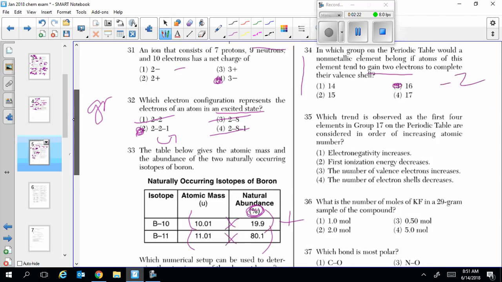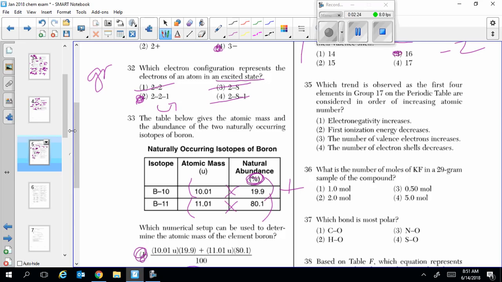Which trend is observed as the first 4 elements in group 17 are considered in order of increasing atomic number? So that means I'm going down group 17. So as I go down group 17, which one is true? Electronegativity increases. No. Your ability to attract is going to decrease because you're getting larger in radius.